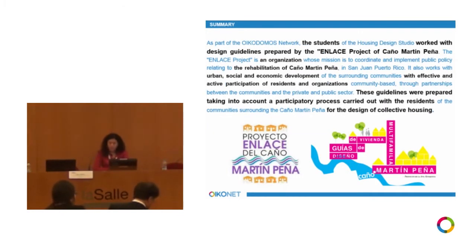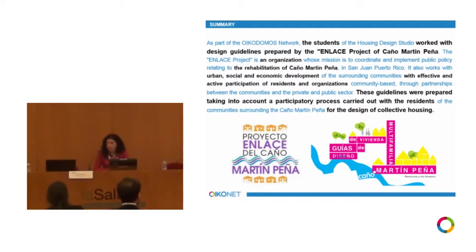For the purpose of the housing studio, I implemented this work done with the Proyecto Enlace del Caño Martín Peña, the Enlace project. Enlace project is in charge of the rehabilitation of Caño Martín Peña. El Caño is a course of a river that needs to be dredged because the communities that surround this course of water are constantly flooding.